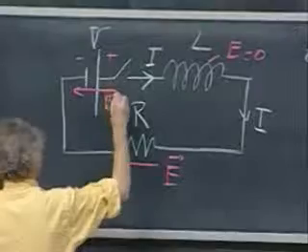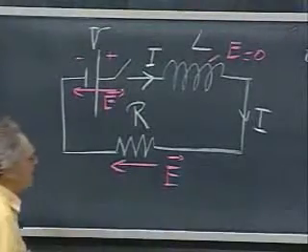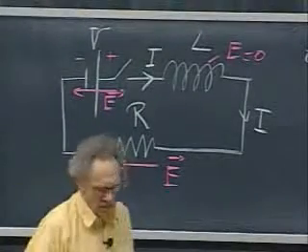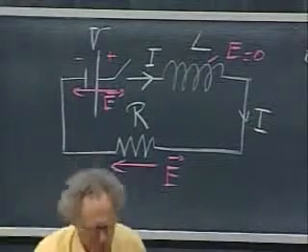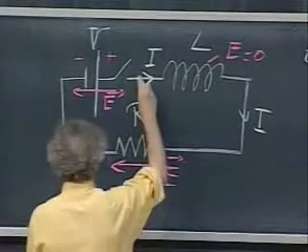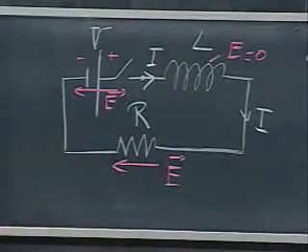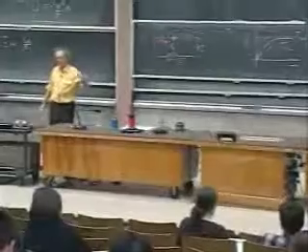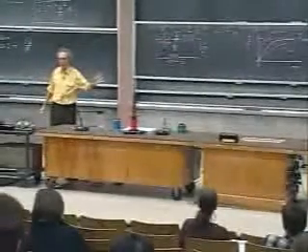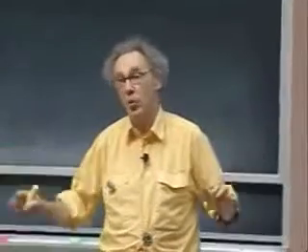So now I am equipped to write down the closed loop integral of E dot dl. I start here, and I always go in the direction of the current, and I advise you to do the same. I don't care if you guess the wrong direction for the current. That's fine. Later, minus signs will correct that.